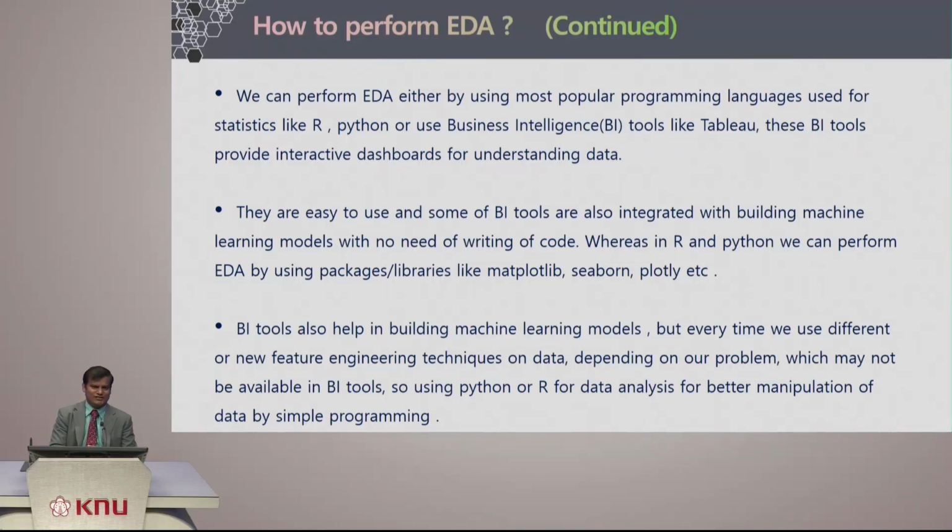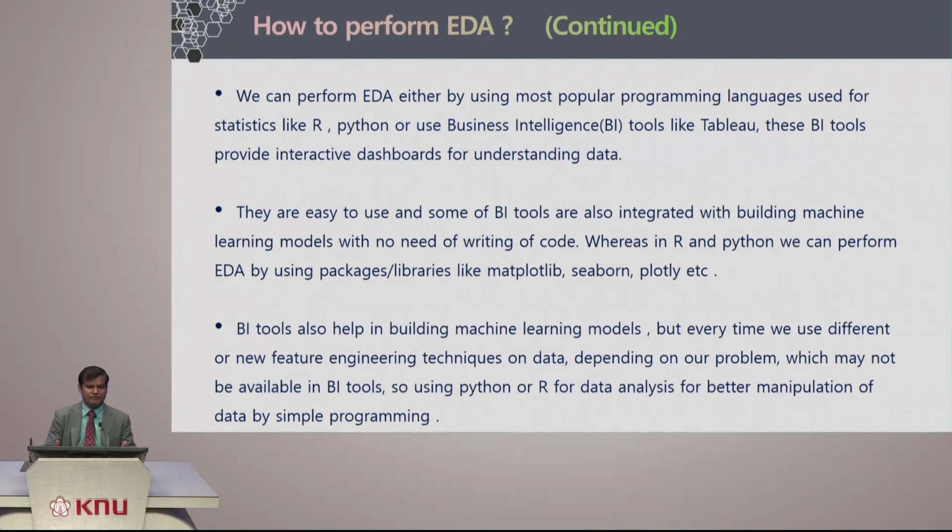So today we are going to look at a few methods by which you can perform this EDA. Now the question is how to perform this EDA. Basically, we can perform this EDA by using the available tools that you have in hand. Maybe you can use statistical tools like R programming, Python programming, or any business intelligence tools like Power BI or Tableau. These tools can be used because Power BI or Tableau can actually provide interactive dashboards for understanding data.